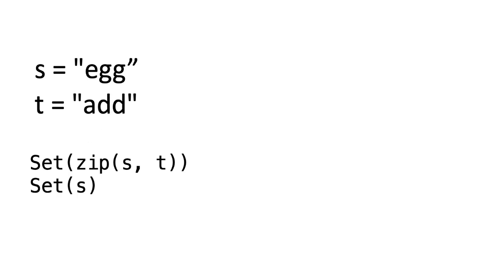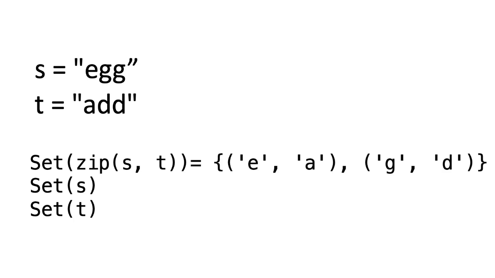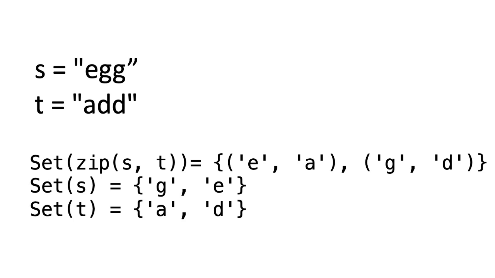Next, we will find the set of S and we will find the set of T. The first function returns the output E, A and G, D. The second function returns the output G and E. The third function returns the output A and D. If the lengths of all three functions are the same, then S and T are isomorphic.